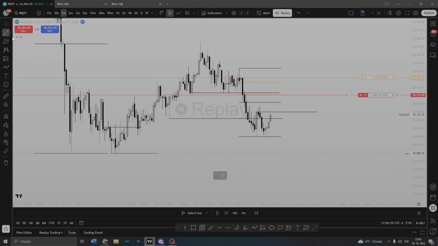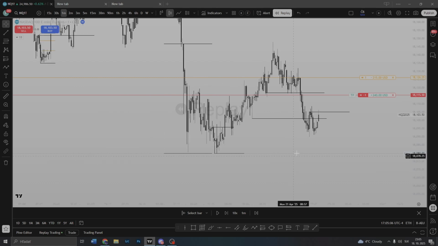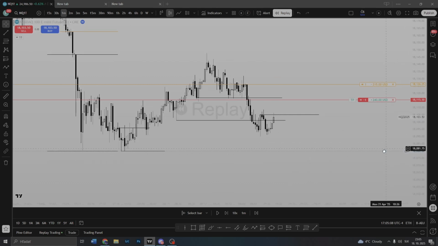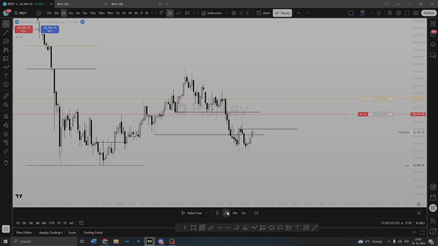If not, and it will close below 9:16 candle, we are alright, we are going lower, and then we just need to wait for next manipulation. Okay, we just created equal highs right there.